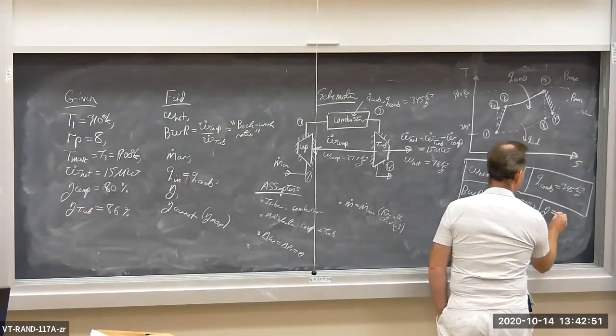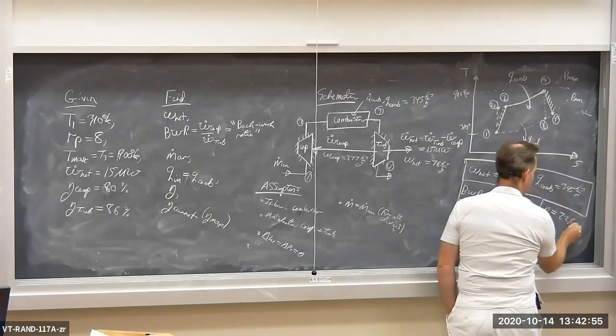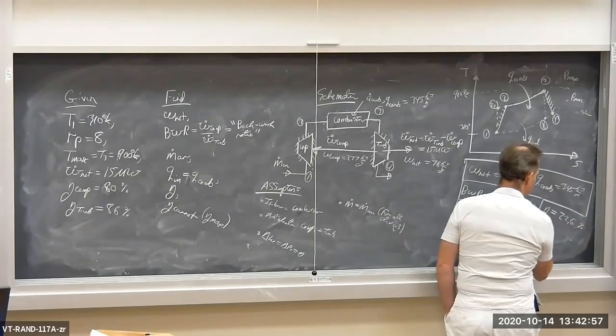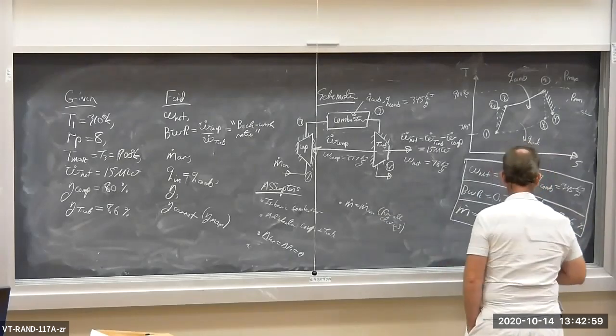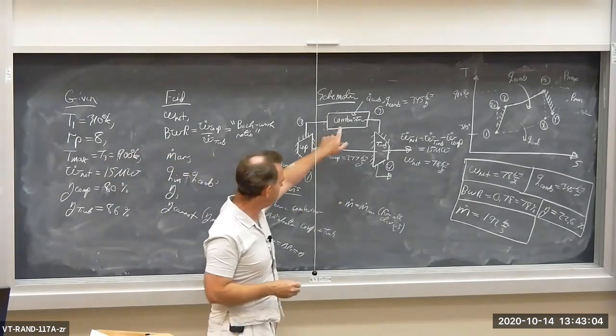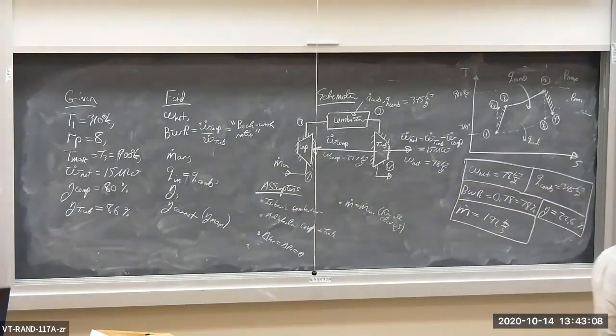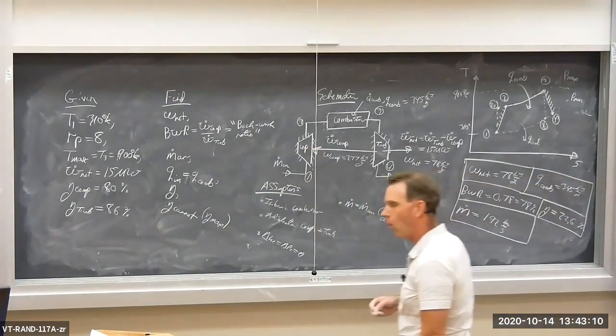So eta is 22.6%. 22% of the energy added to my system is converted into usable work. Only about a quarter.